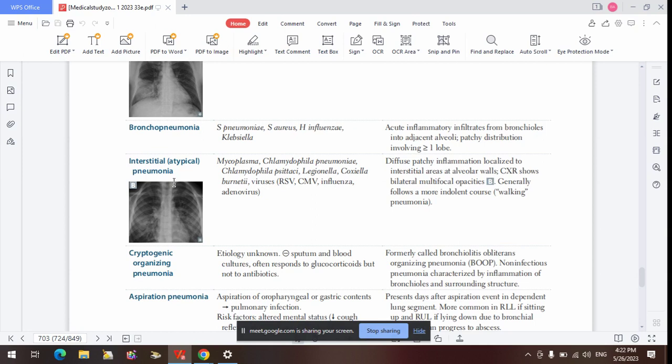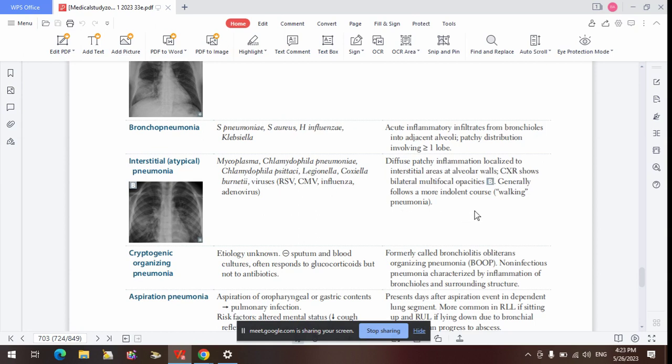They are mycoplasma pneumoniae, chlamydophila pneumoniae, legionella pneumoniae, coxiella burnetii, and the viruses. They call them atypical because they are not caused by the typical organisms like strep pneumo and Klebsiella, but by viruses and uncommon organisms like chlamydia and mycoplasma.